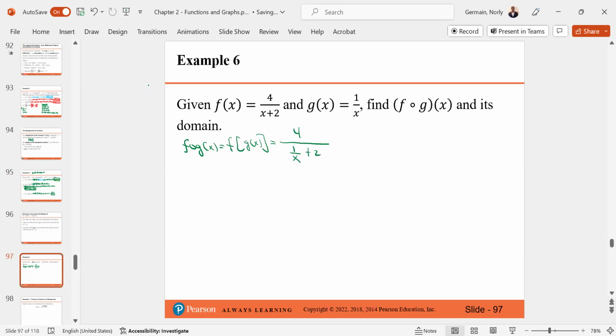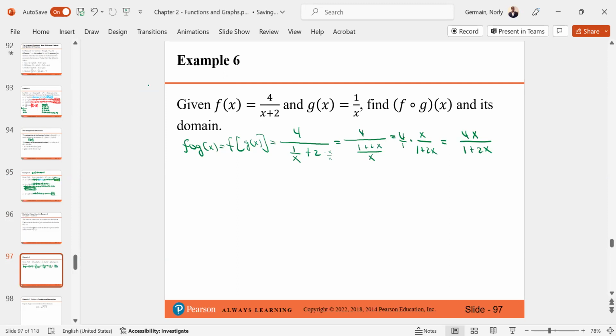All right, now we can leave it like this, or we can find a common denominator. We multiply the 2 by x divided by x, so we're going to have 1 plus 2x over x. Remember, when you have a fraction divided by another fraction, keep the first fraction as is and multiply by the reciprocal of the second fraction. So you end up having 4x over 1 plus 2x.